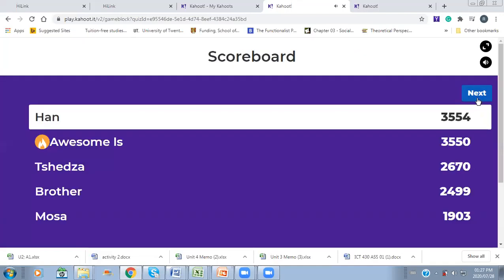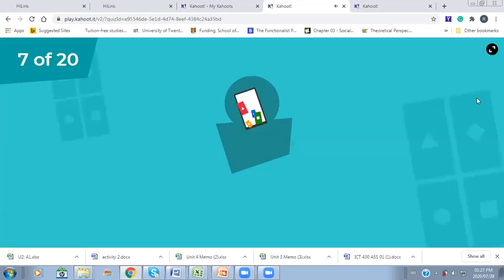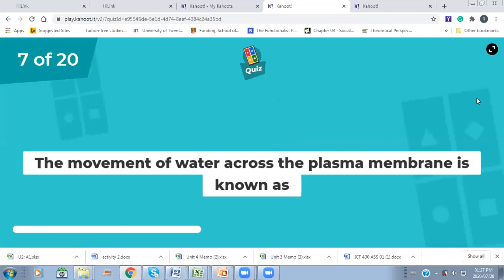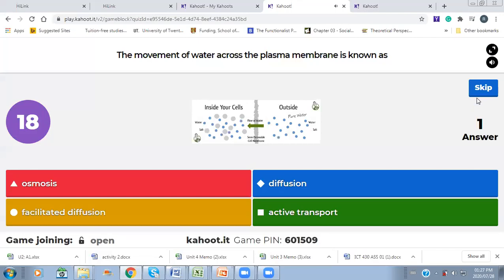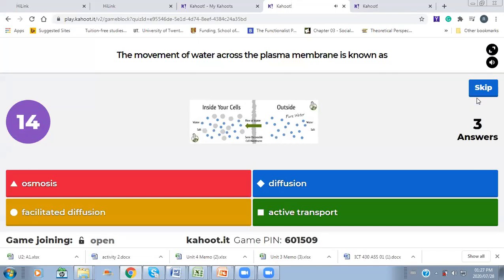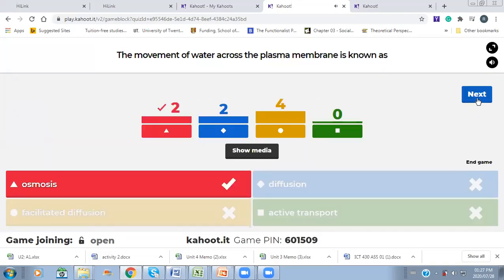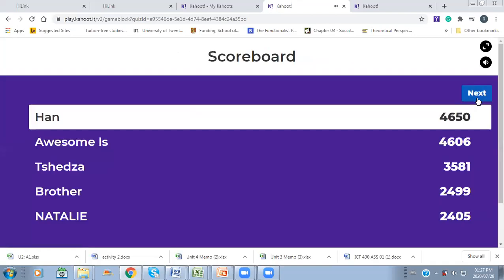Perfect. Yeah, that is getting top at the top. The movement of water across the plasma membrane is known as... very good. Two got this one. Let's go to the next.